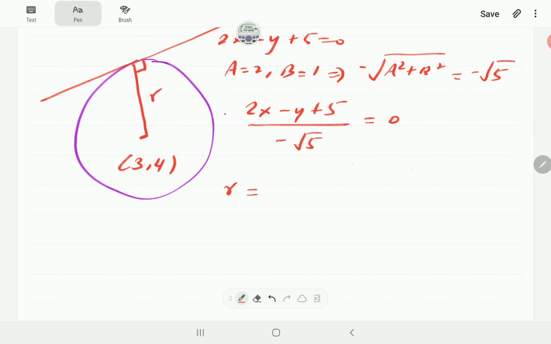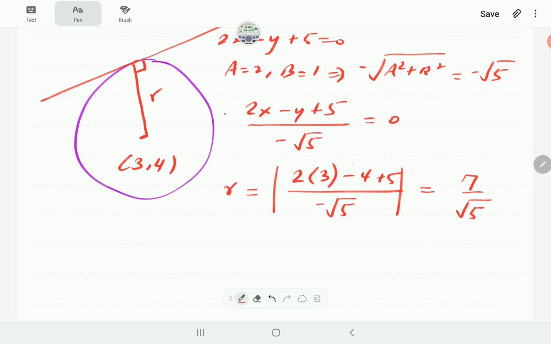So x is 3, and since we're interested in just the magnitude, we can take the absolute value of this. So it's going to be 2 times 3, that's x, minus y is 4, plus 5, all divided by square root 5. There's going to be 6 minus 4, which is 2, plus 5. It's going to be 7 over that. And it all becomes positive because we're just interested in the magnitude.